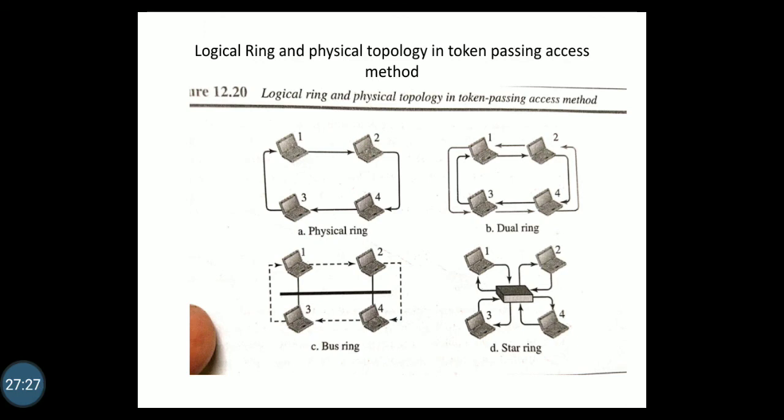Next, we'll talk about the bus ring topology, which is also called a token bus. Here, the stations are connected to a single cable, the so-called bus. However, they make a logical ring as each station knows the address of its successor and also its predecessor for token management purposes.